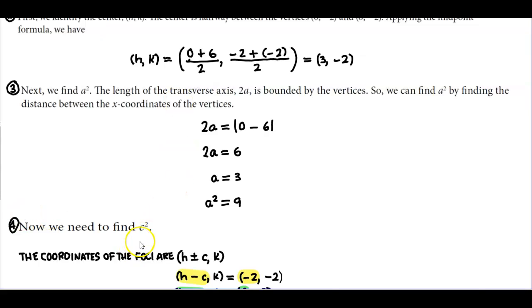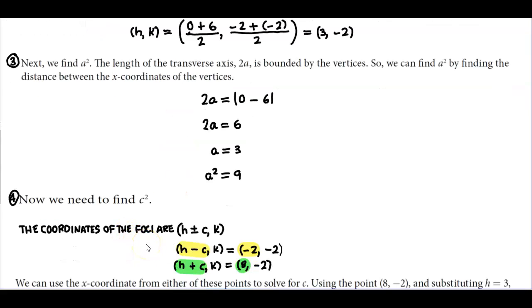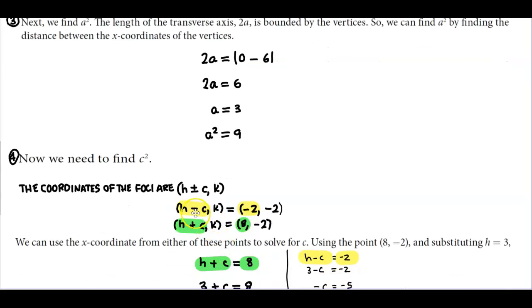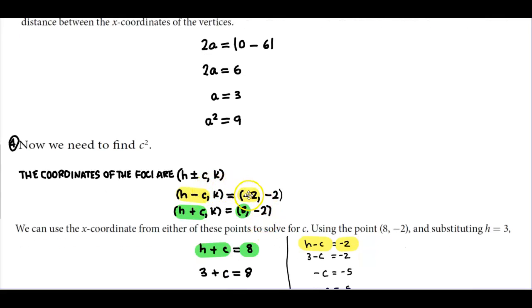Now we need to find c squared. Well, the coordinates of the foci are (h plus or minus c, k). So we have (h - c, k), which is equal to (-2, -2), and then we have (h + c, k), which is equal to (8, -2). We can use either of these two formulas, given the value of h, to solve for c.